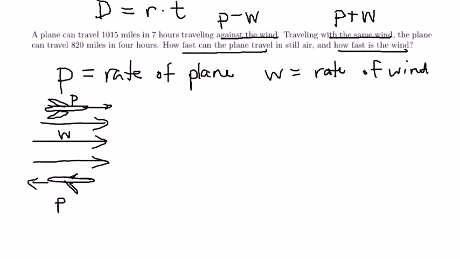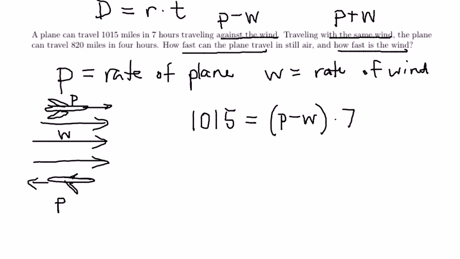Essentially, we're going to have distance, which is 1,015, equal to the rate, which is P minus W, times 7 hours.